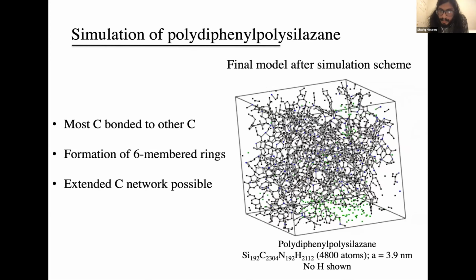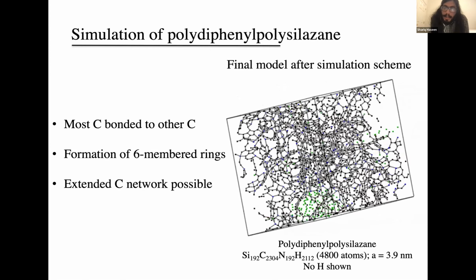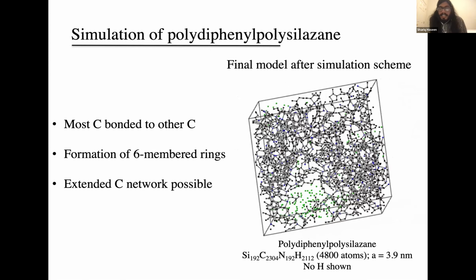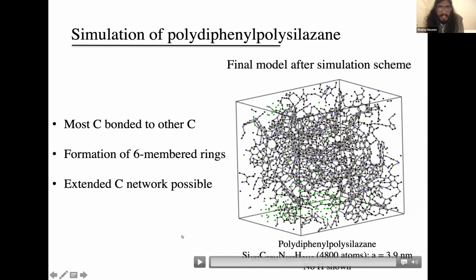We can see the formation of rings, a lot of 6 rings too. Based on that, it is likely that either with longer simulation time at elevated temperature or gas removal, an extended carbon network can form. And that's something we're also very interested in looking at.